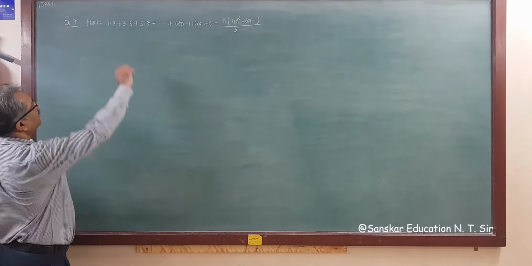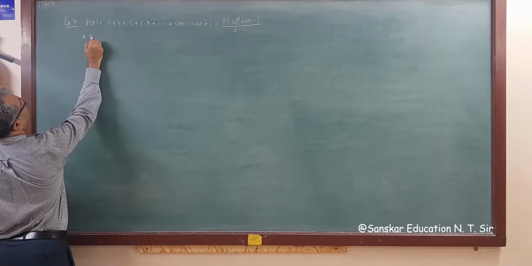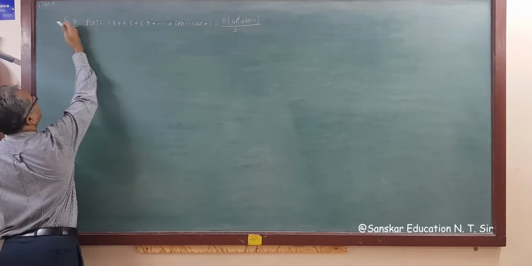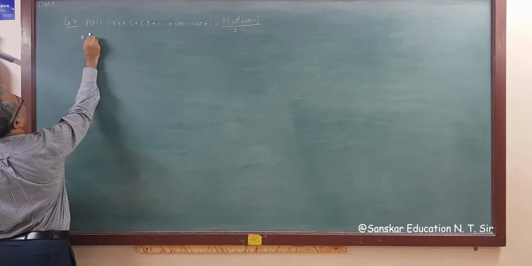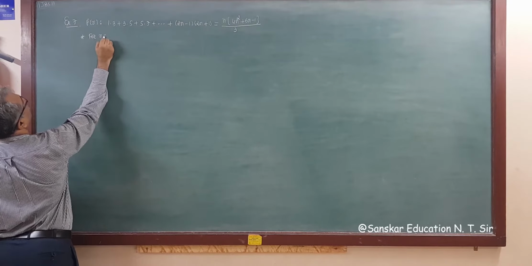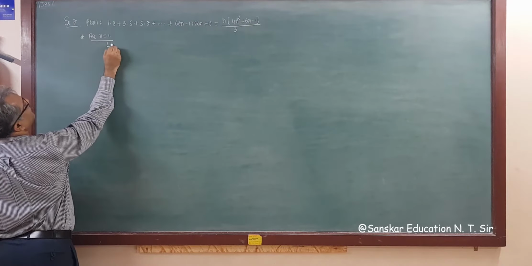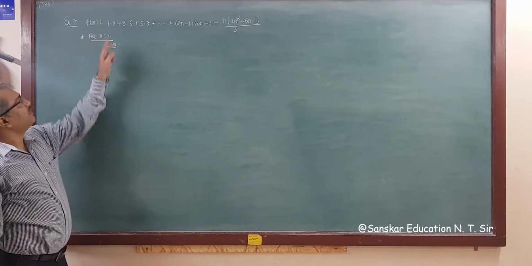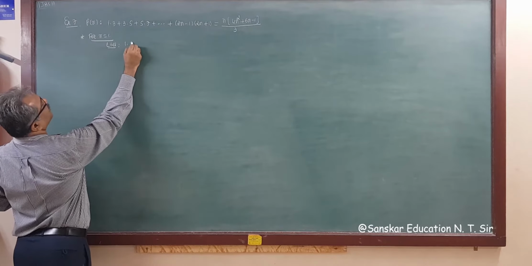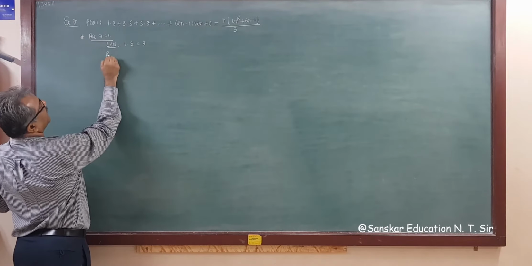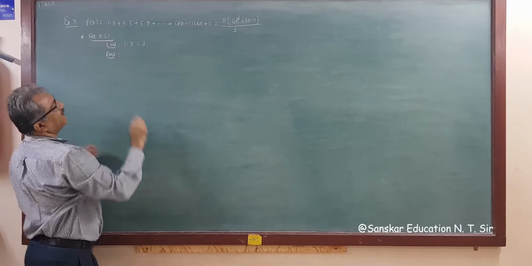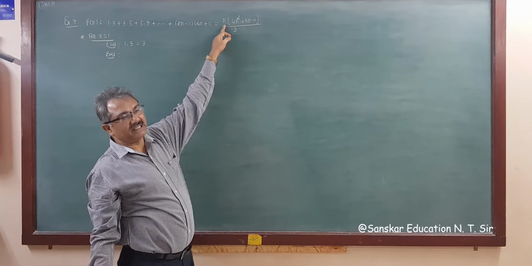Right? So as usual, taking n is equal to 1. For n is equal to 1, left hand side is the first term, that is 1 into 3, that is 3. Now right hand side. Substitute n equal to 1.